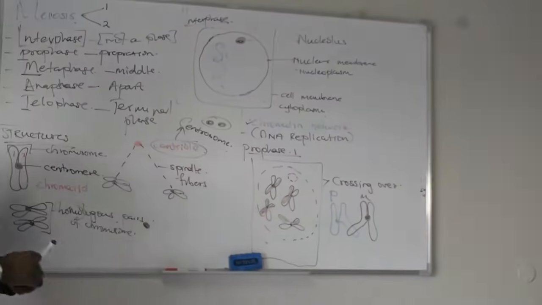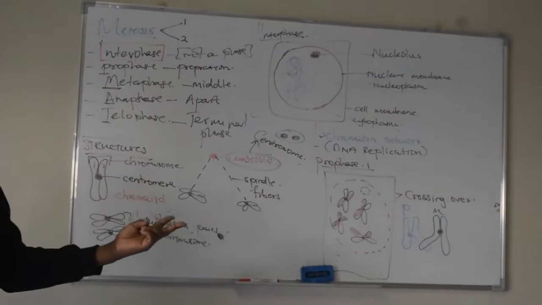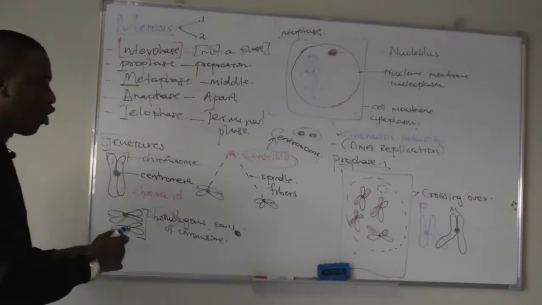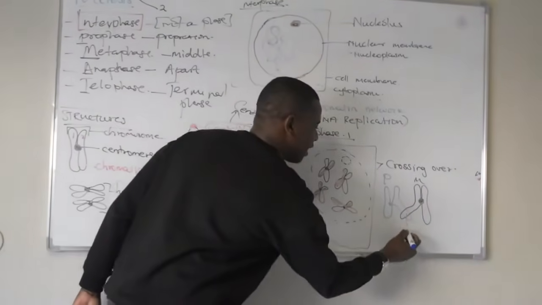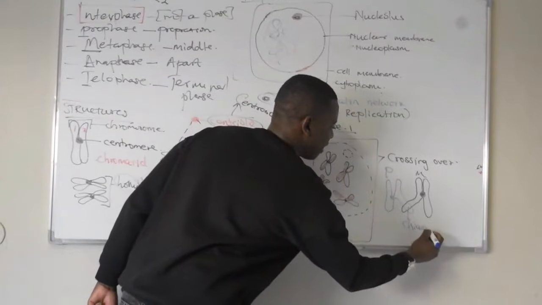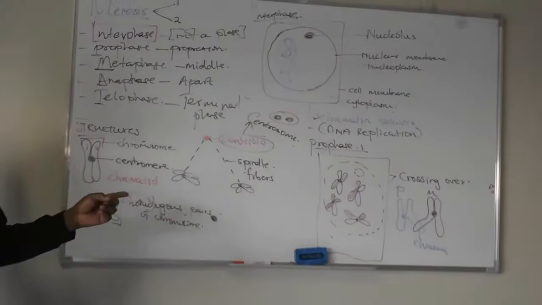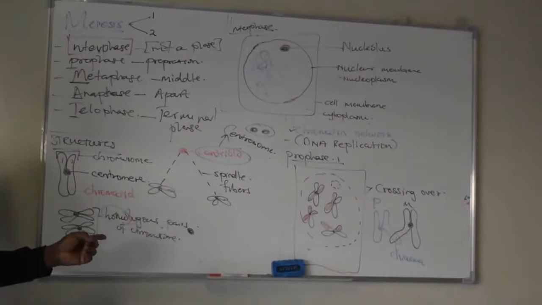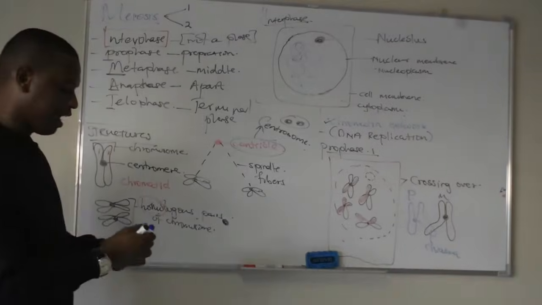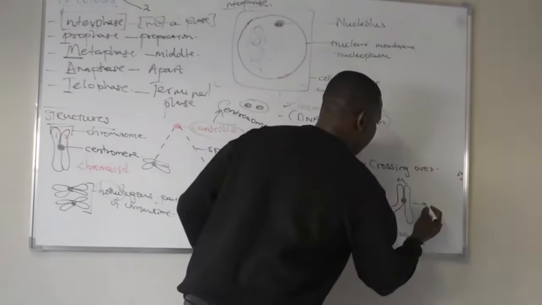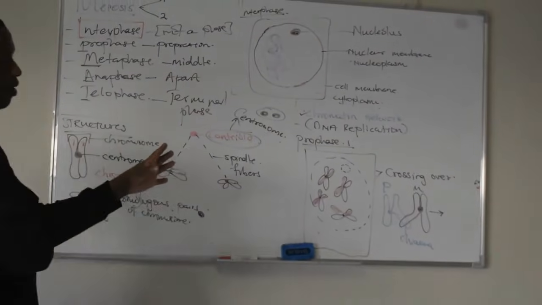Now, if you look at this, these are 2 homologous chromosomes overlapping at each other. So, where they overlap, where they meet, this point is called chiasma. Now it's only the chromatids of the homologous chromosomes that overlap each other. Why are they overlapping?